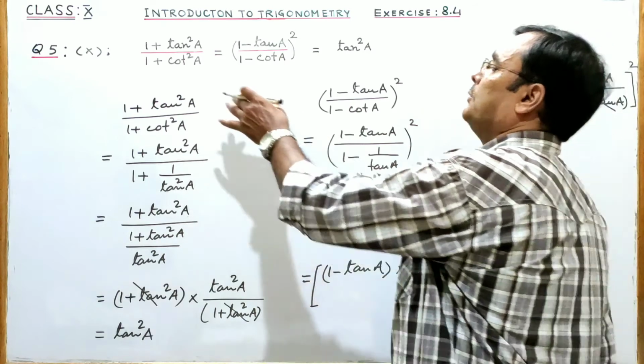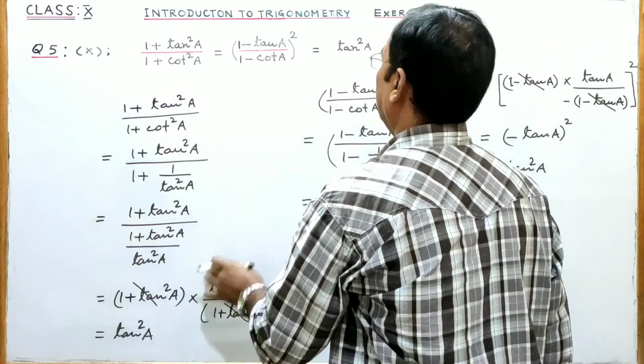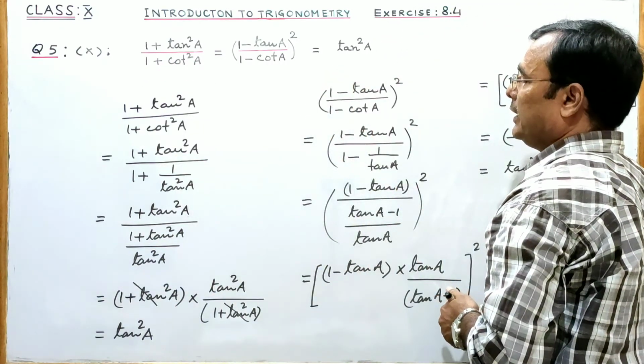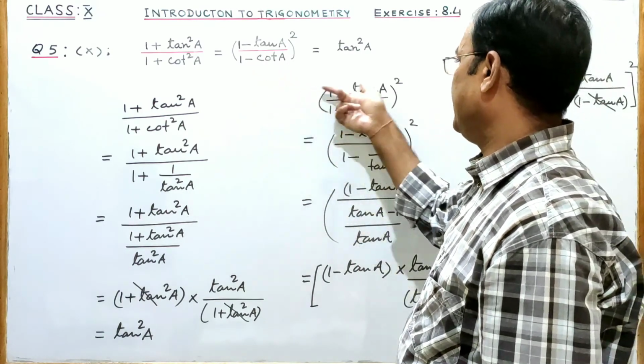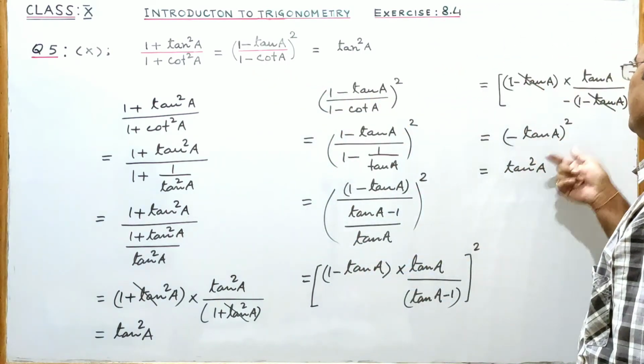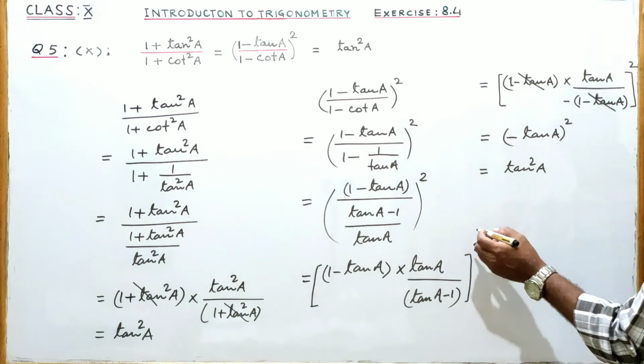So first part we simplified and proved it equal to tan square a, and second part also we have simplified and proved it equal to tan square a.